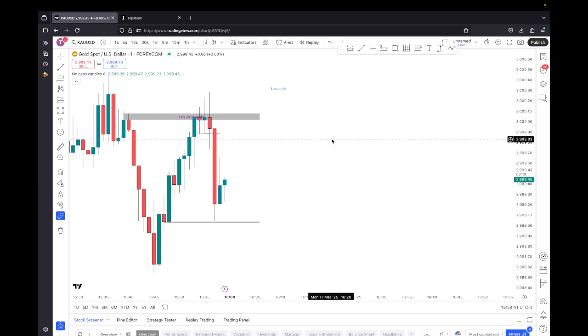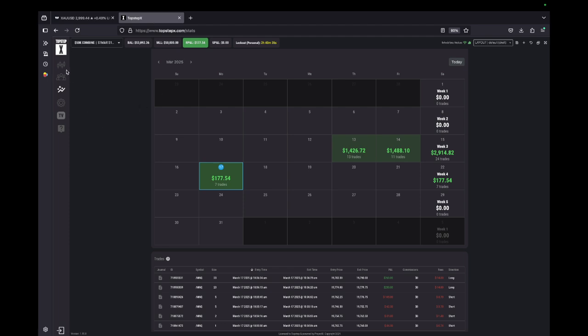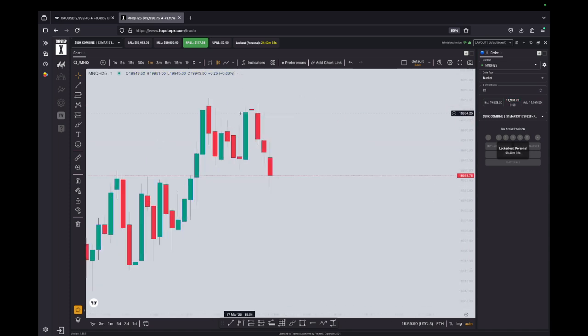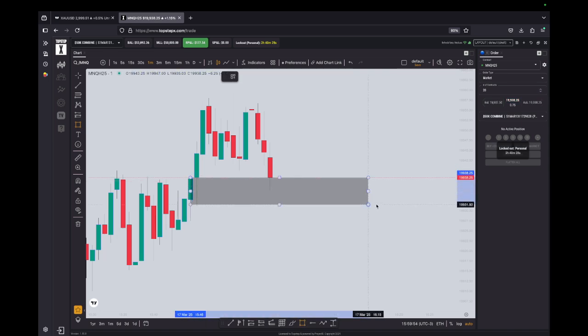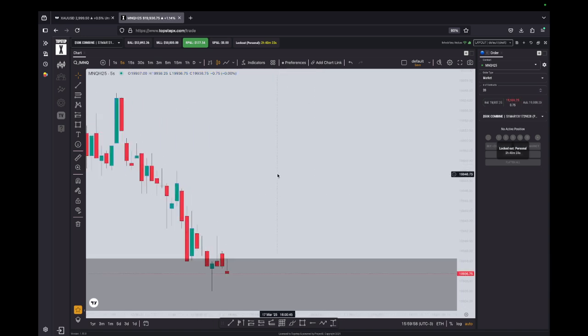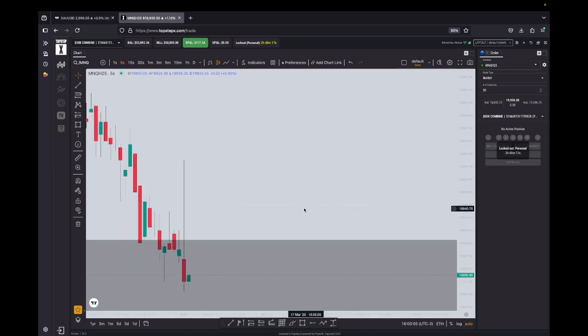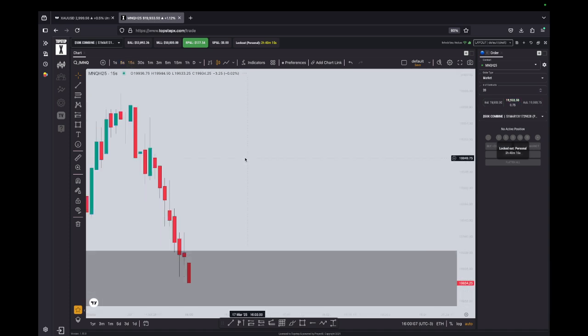This video could be slightly longer because I'm trying to show you guys live examples as the market is moving. This is NQ. NQ tends to move faster, right? So I could do the same on NQ, go on the 15 seconds for the entry.